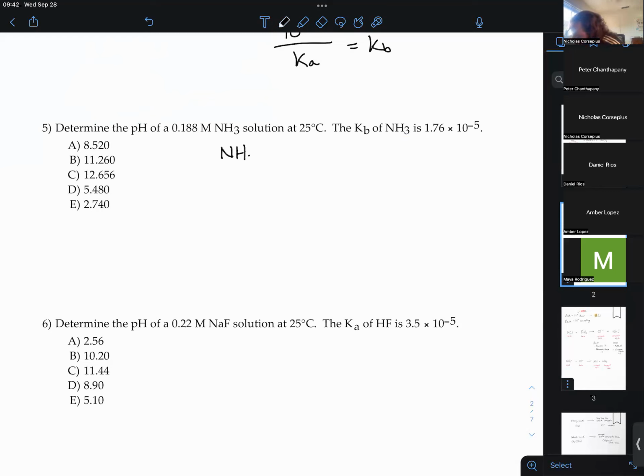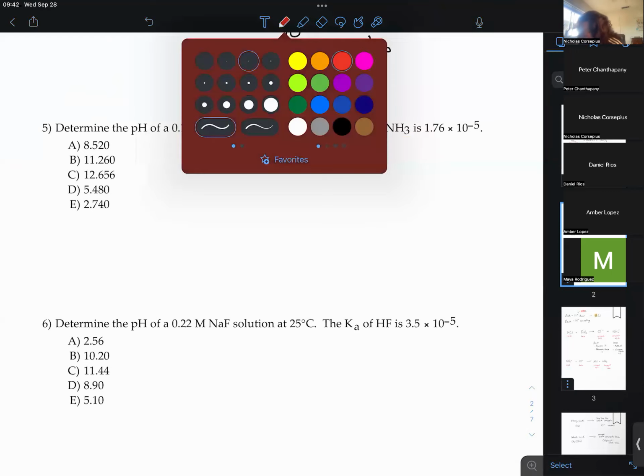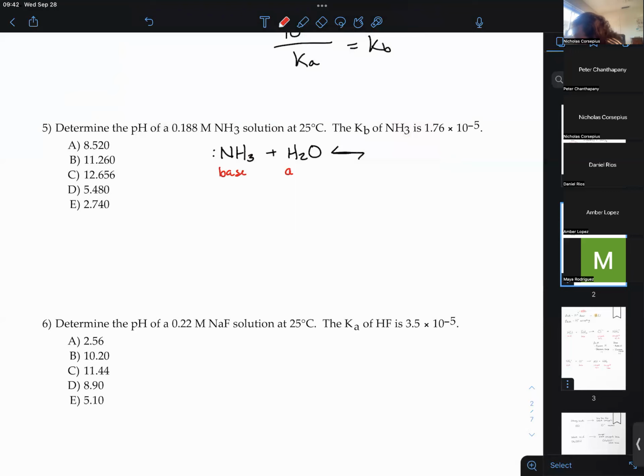If we put this base, ammonia, into water, and actually we'll do the dynamic equilibrium arrows here. If this is my base and this is my acid, everybody complete this balanced chemical equation. I'm actually going to take this to a different place so I've got more room.